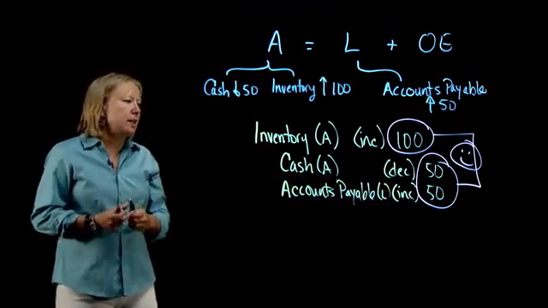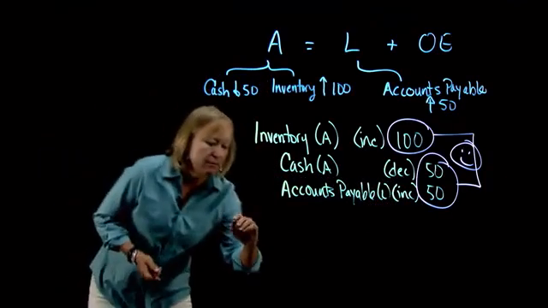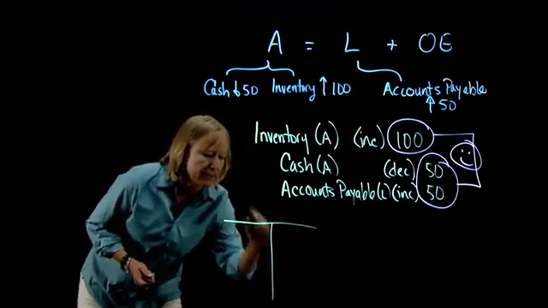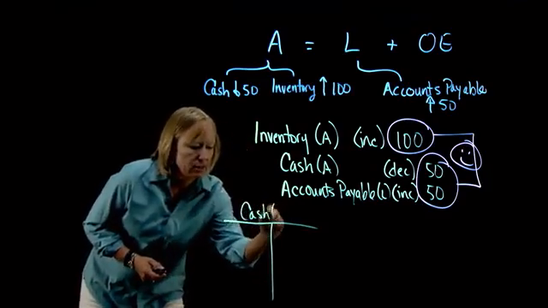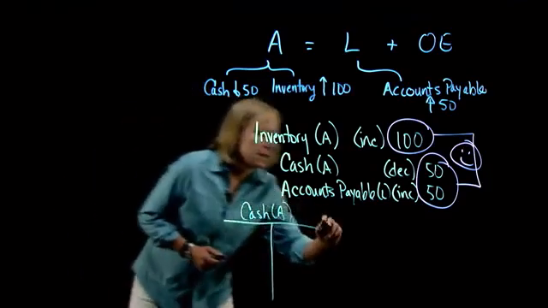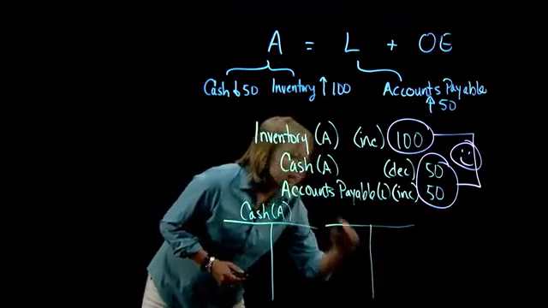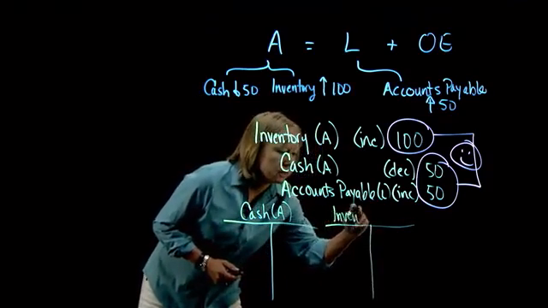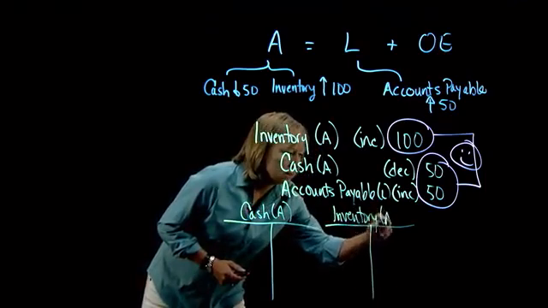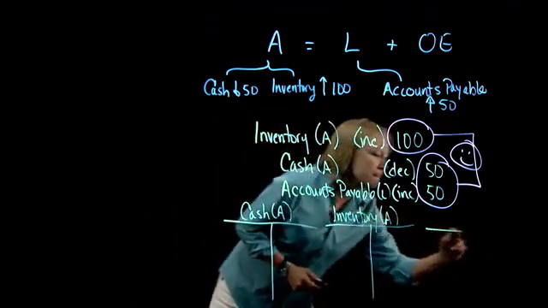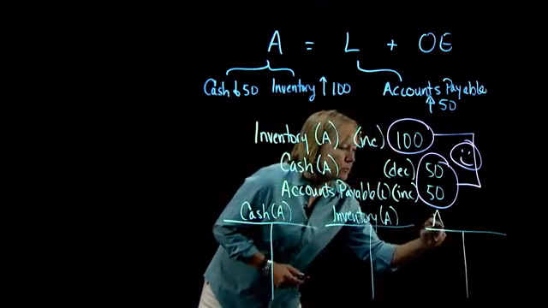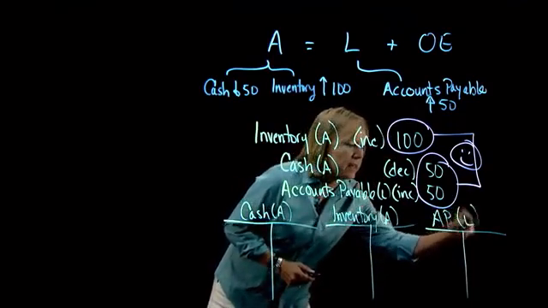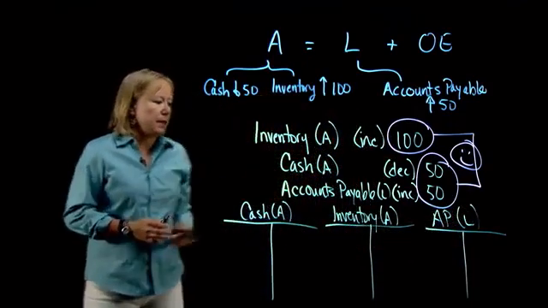Let's post these to the individual T accounts. We have 3 T accounts this time that are affected. Cash, inventory, and accounts payable. I will just abbreviate that here as AP.